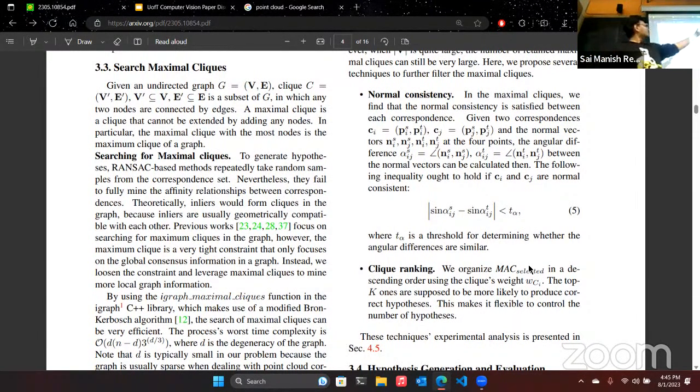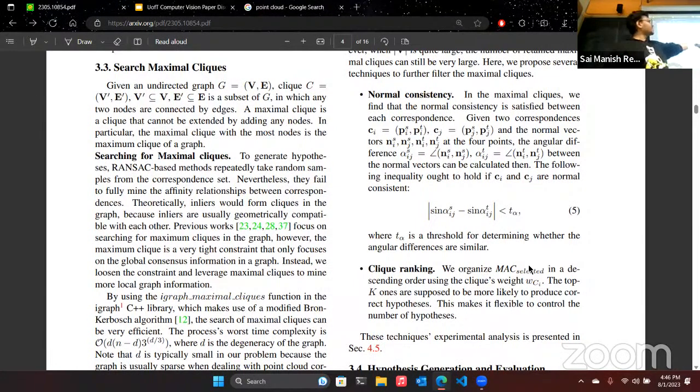We have a threshold angle, T alpha. Once we compare them, if the angle is less than the threshold angle, then it counts toward measuring the inlier ratio.